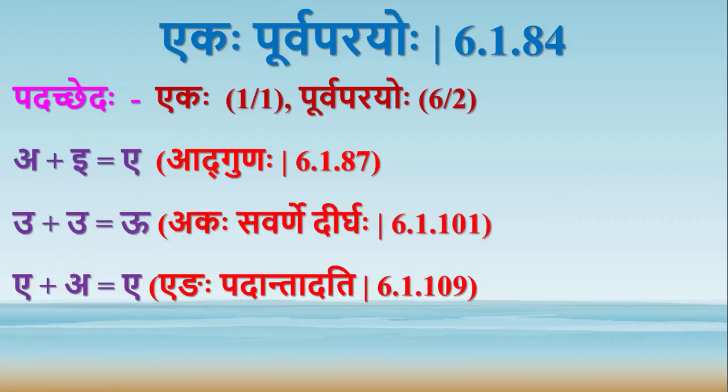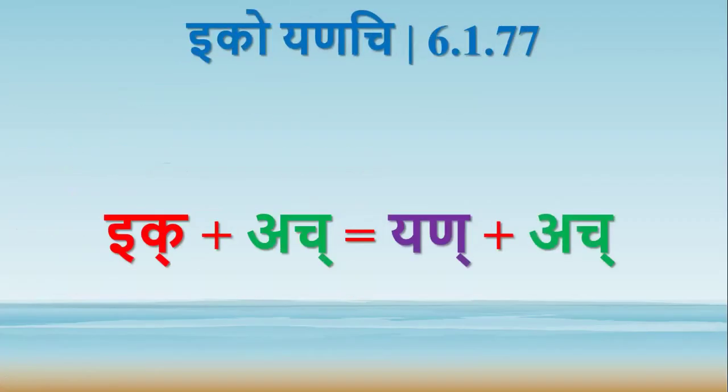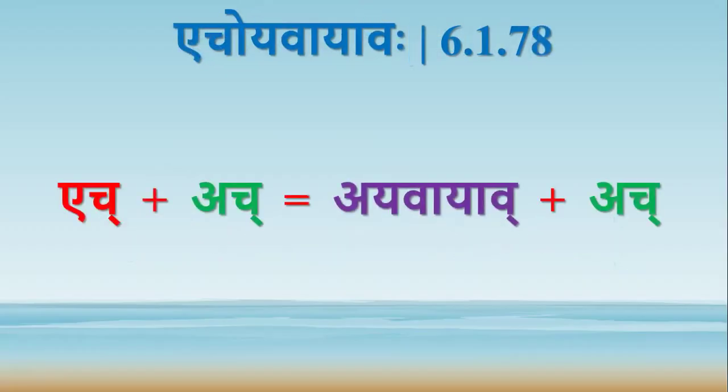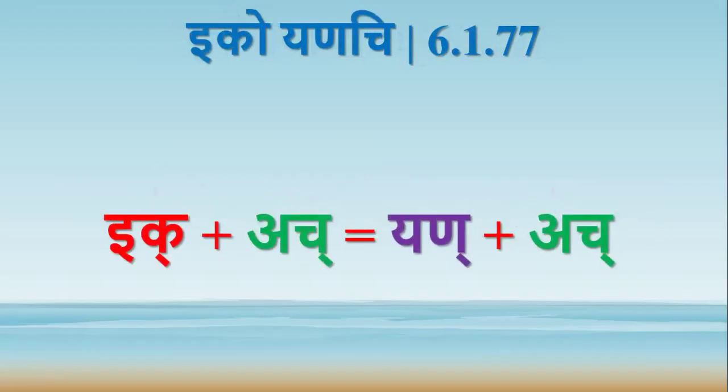So these were the examples we saw in the previous section, starting from Iko Yanachi. Iko Yanachi can be rewritten as Ik plus H is equal to N plus H. Here it is just the Ik letters which are replaced by N letters.